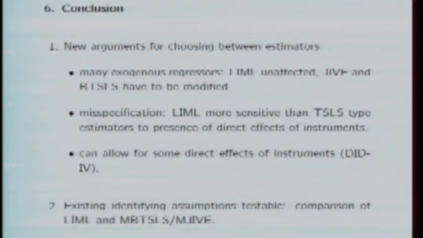And so the recommendation really is to, in cases where there's concern about the validity of the instruments, focus on the bias-corrected two-stage least squares estimator, keeping in mind that LIML is extremely sensitive to any violations of the exclusion restrictions.